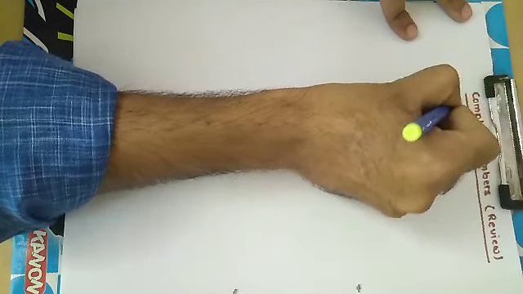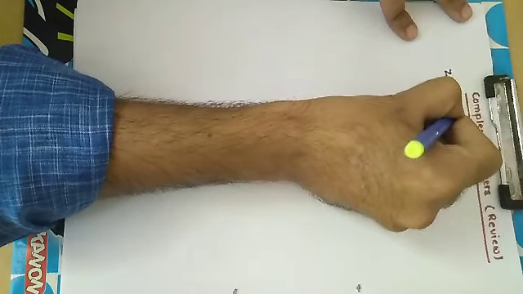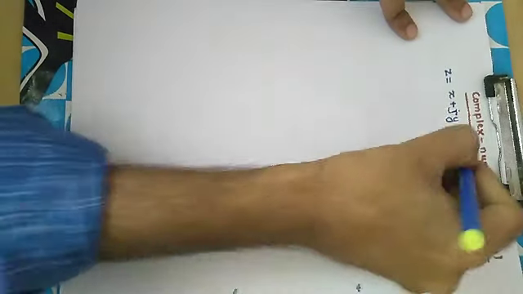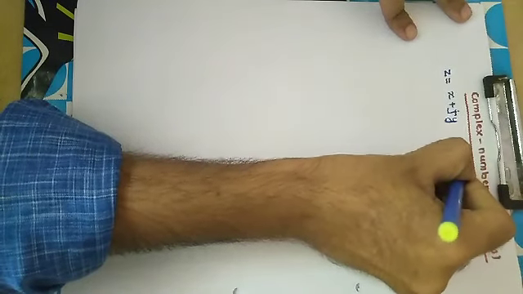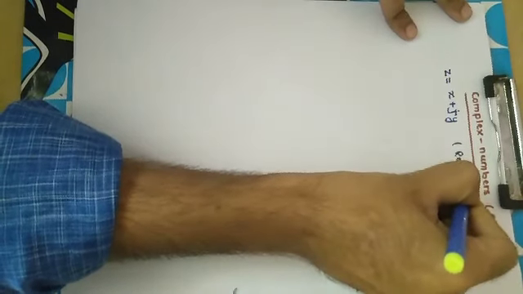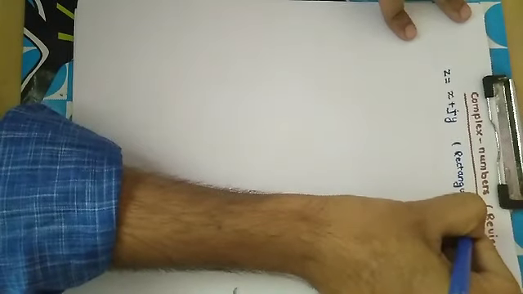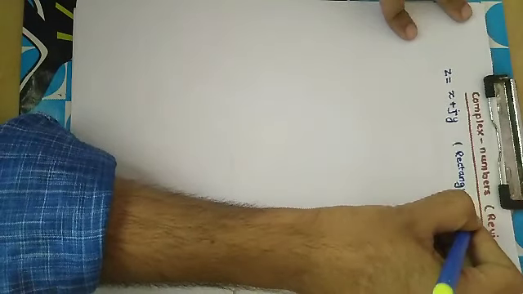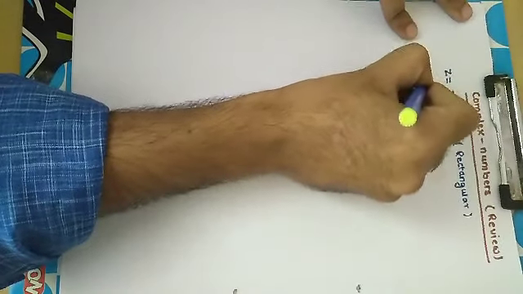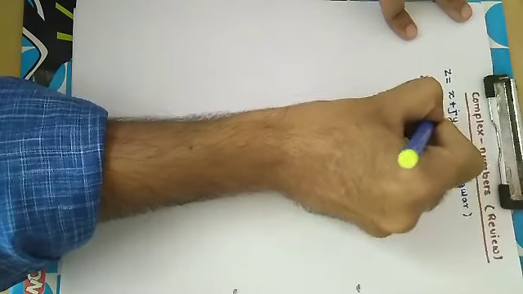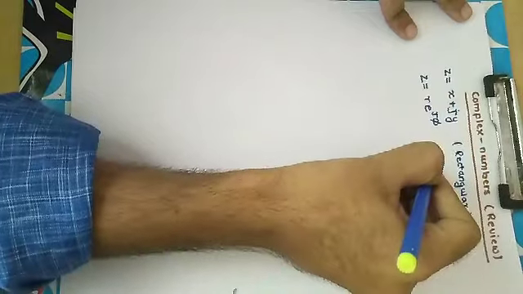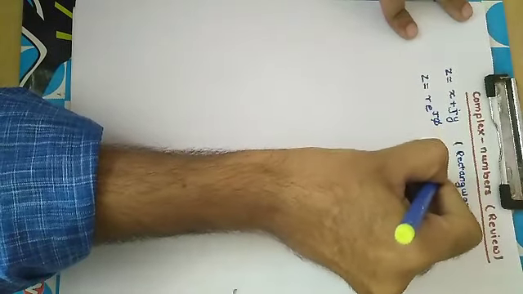It can be represented by x plus jy, which is the rectangular form, and z can also be represented by r e to the power j phi, and this is the polar form.